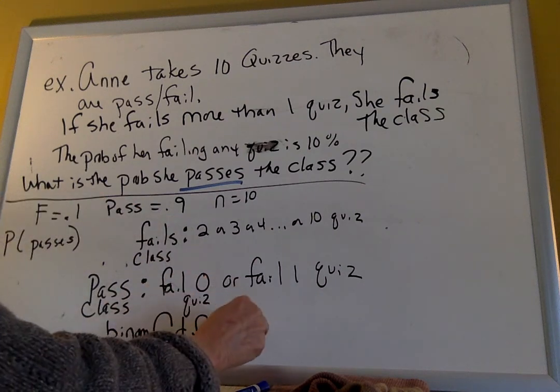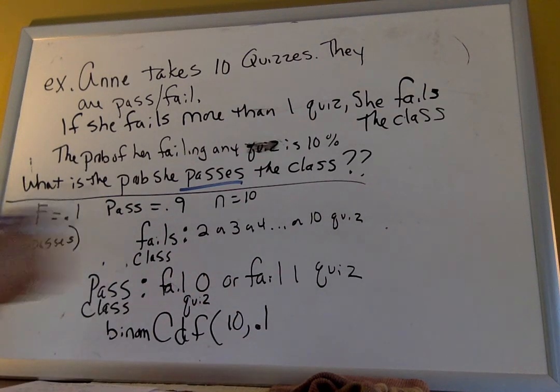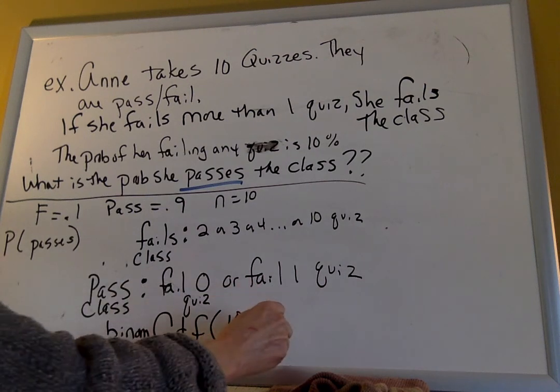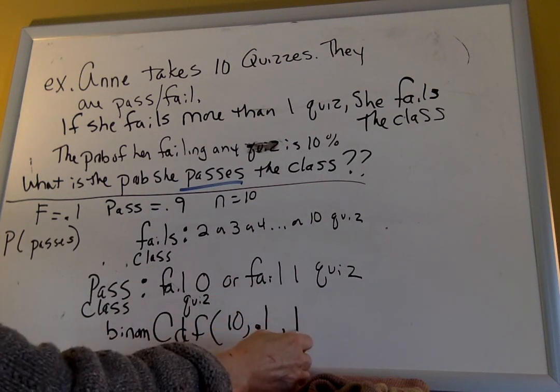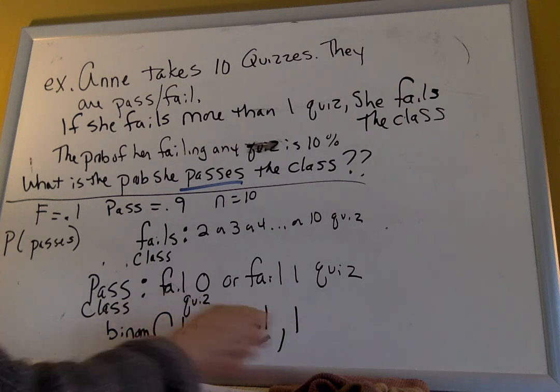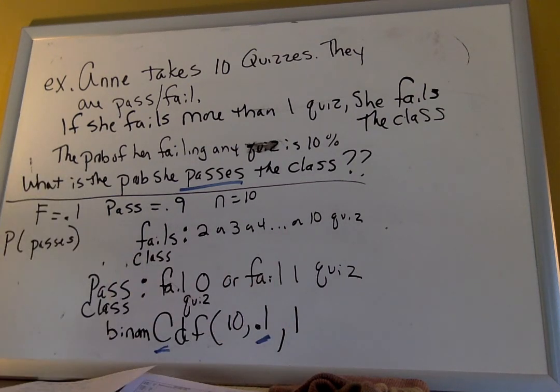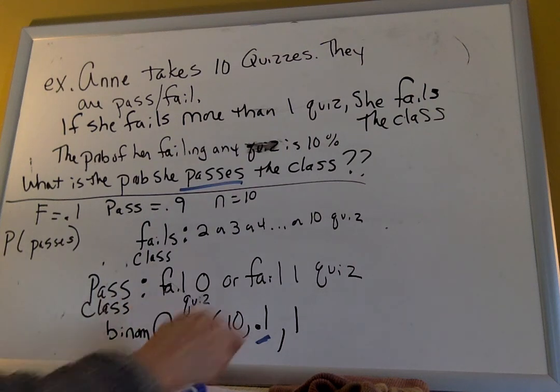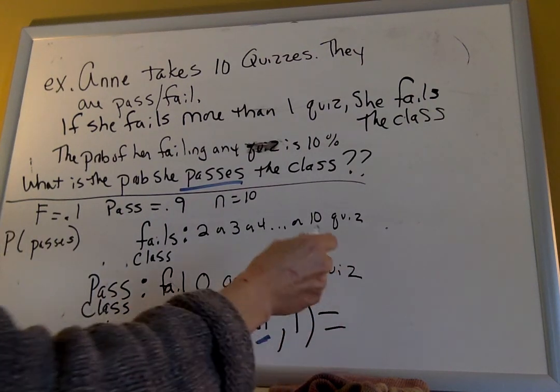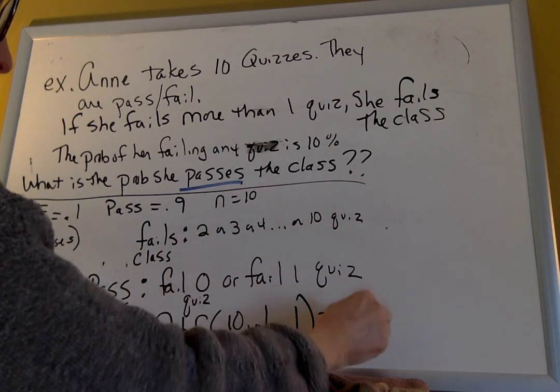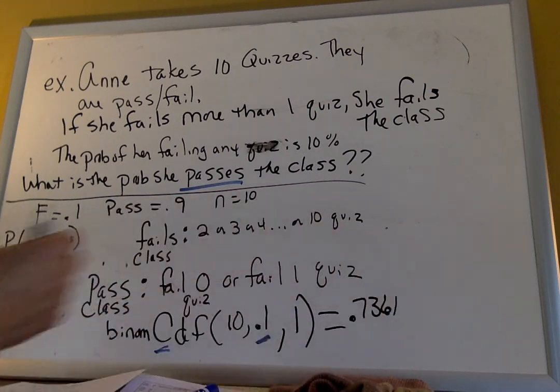You have to use 0.1 here because that represents the fail, and then 1 because it's going to do the 1 case and the 0 case since I'm doing the CDF. The answer is 0.7361. So, not bad.